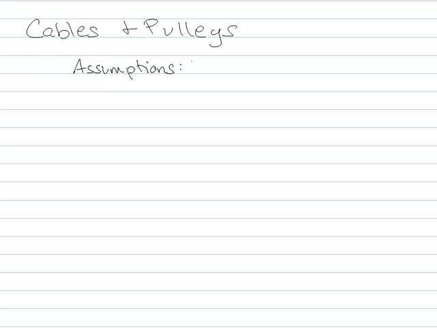Okay. And the next thing you need to worry about are cables and pulleys. And the most important thing to remember about cables and pulleys, especially in statics when you're just getting started, is we have a few assumptions. Our assumptions include things like the rope, or the pulley, the cable has no weight.